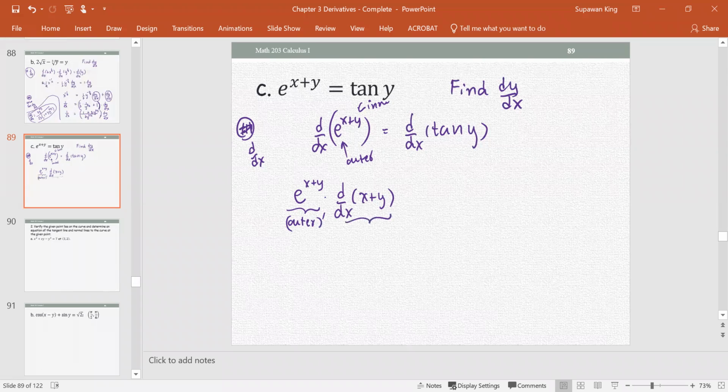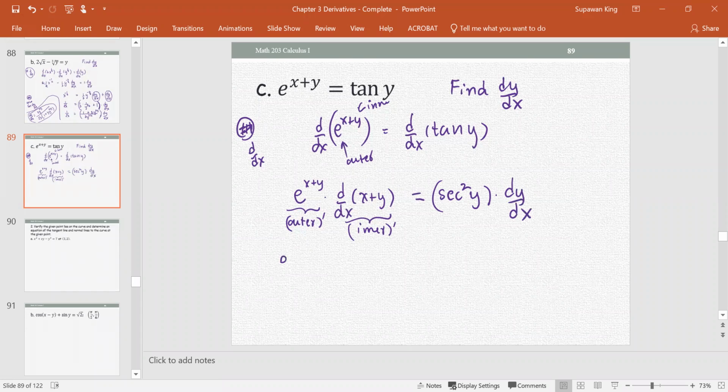Equals the right-hand side. Again, we treat y as a function of x. Therefore, the chain rule is applied to the right-hand side term. The derivative of tangent y is secant square of y multiplied by dy by dx.